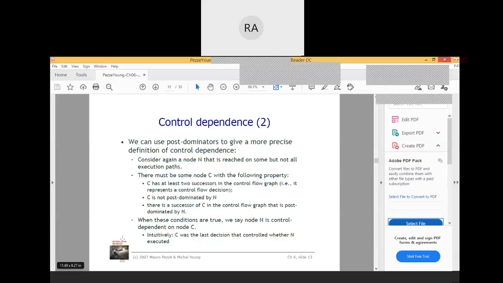And there is one more condition: there is a successor of C in the control flow graph that is going to be post dominated by N. If these three cases are satisfied by node C, I can say that C completely controls the execution of node N. In other words, node N is control dependent on node C. This is about post dominators.